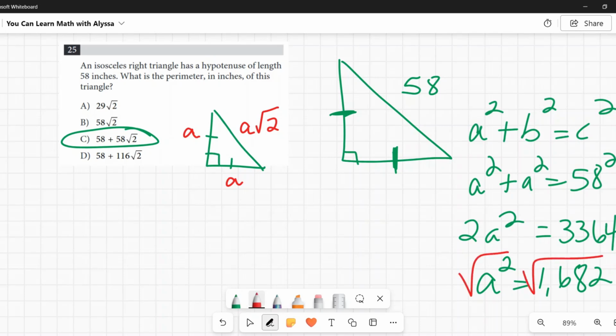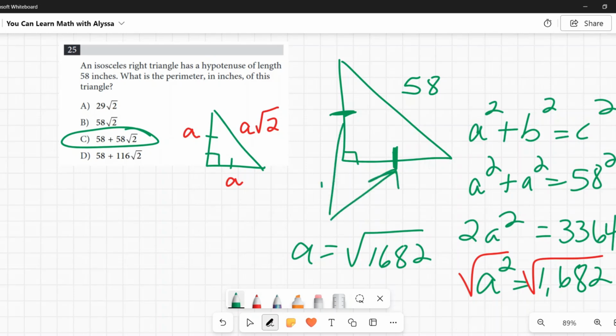Then you would have to simplify that. You'd have to take the square root of both sides. So you get a is equal to the square root of 1,682. You'd have to simplify that square root, and then you go back here, same steps as we did before, and put it in and get to the perimeter there.